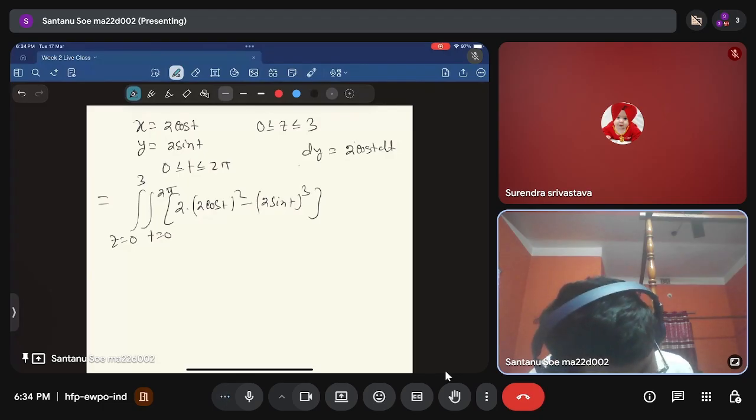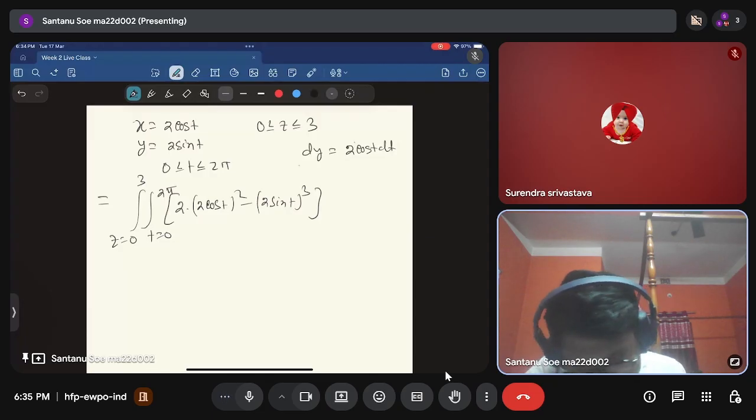Okay, so this is 8 cos square of t minus 8 sine cube of t, 4 cos t, 2 cos t got cancelled out, so this will be 2 dt dz.